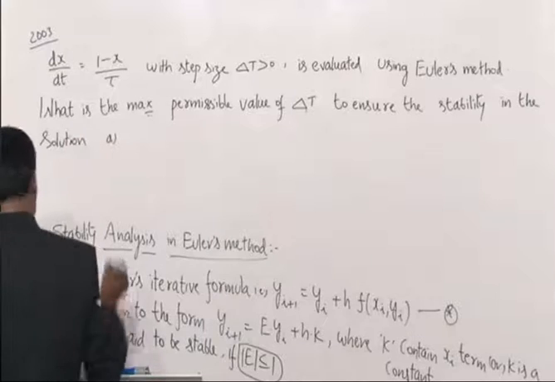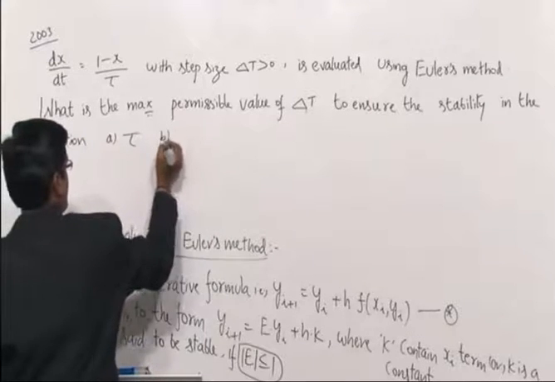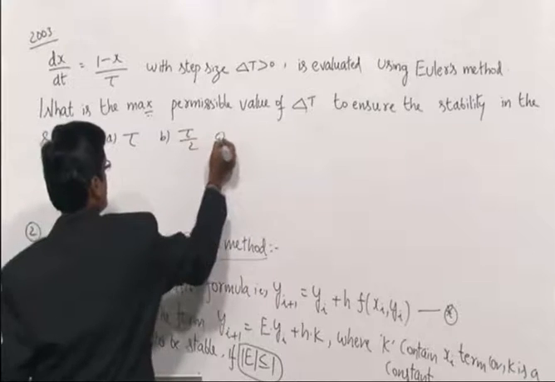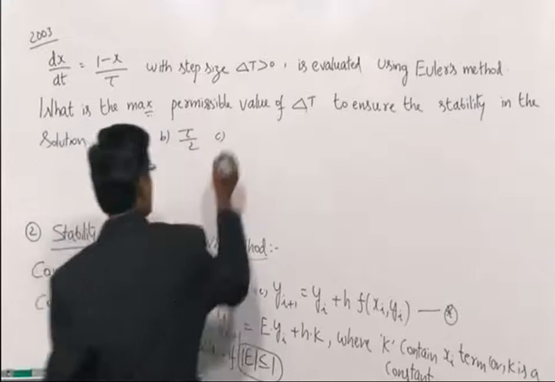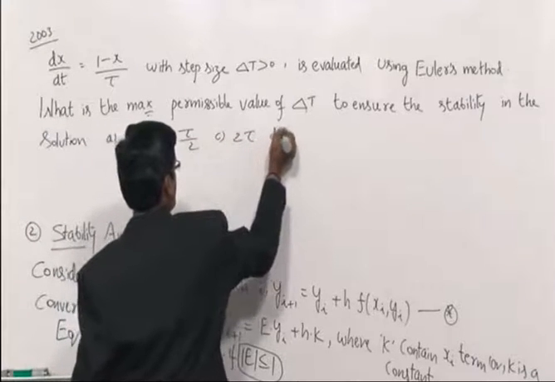Options: A, tau; B, tau by 2; C, 2 tau; D, 0.